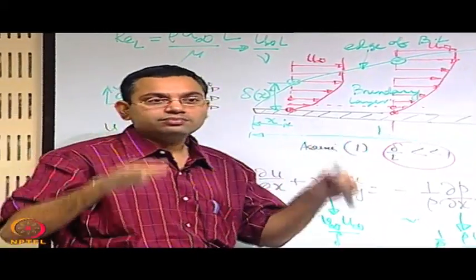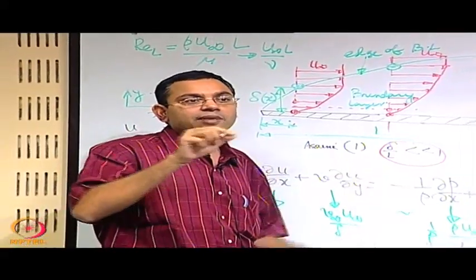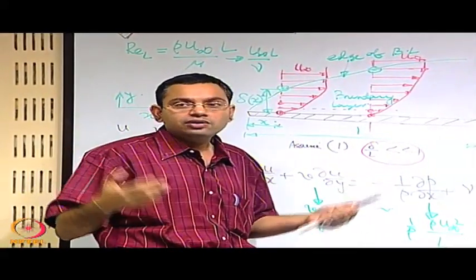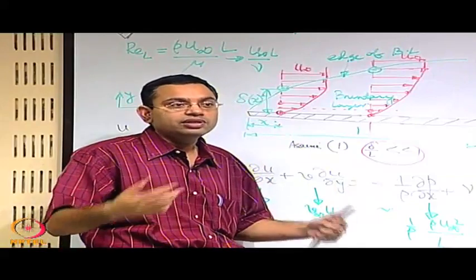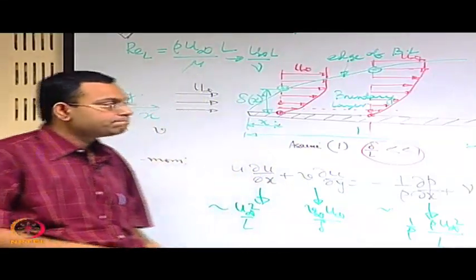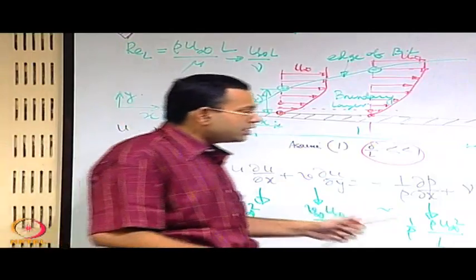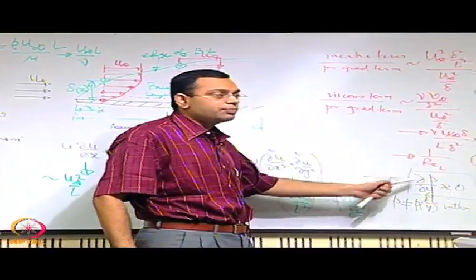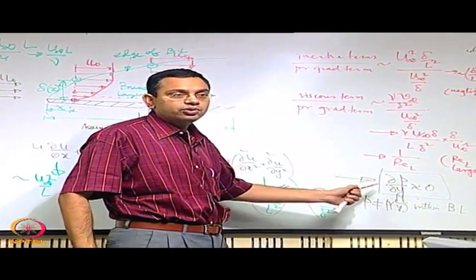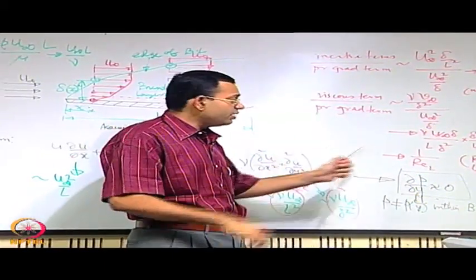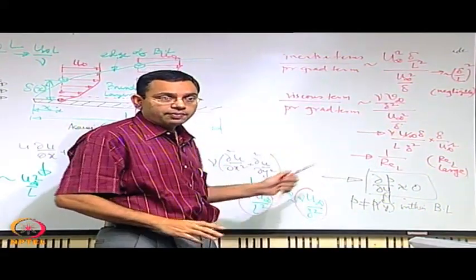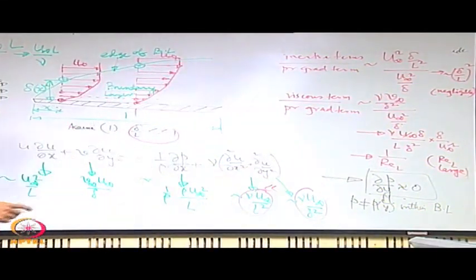If you neglect the potential energy part, the delta p will be of the order of rho u infinity square. For example, if you use the Euler equation or maybe the Bernoulli's equation when rho is a constant, that is what you get. So, the important understanding is that this is consistent with the assumption of the pressure scale delta p of rho into u infinity square. If this conclusion was not consistent, that means that assumption was not correct. So, that is the first thing.